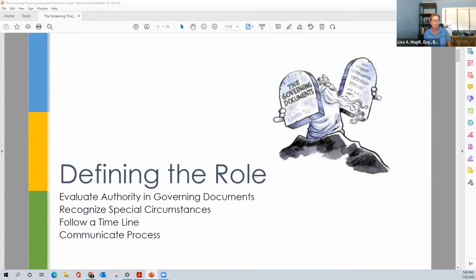Do you have a right of approval, a right to approve or reject? Or do your documents simply have a right of first refusal or a right of substitution? That's a threshold question.